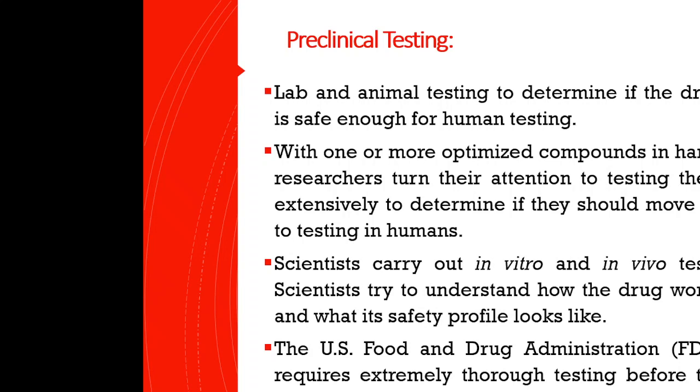Then only will they study the process. We will submit a detailed application stating that we have conducted this much safety and clinical testing, and they will send it to a team of their experts to make sure that the drug is safe for human consumption.